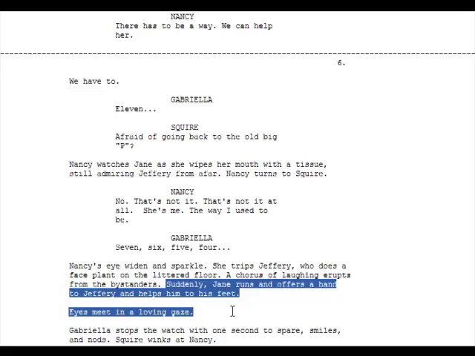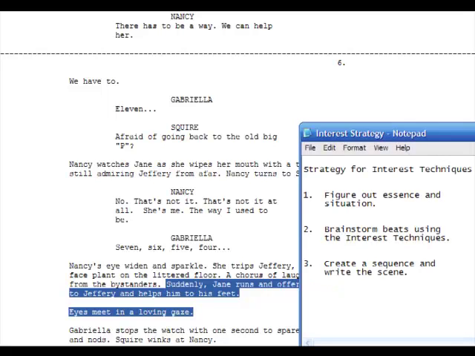But what it's about is having you first figure out the essence and the situation, right? So you just get the situation, you get the essence of the thing, and then instead of going right into the writing and trying to get the dialogue, I want you to take the list of interest techniques and brainstorm how each of those interest techniques could be used in this situation and with this essence.